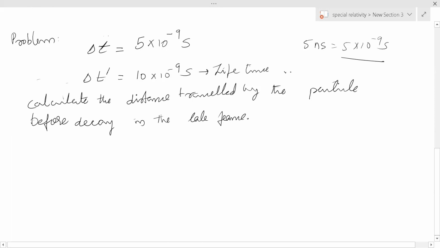Time in laboratory frame, 10 nanosecond. Yeah, this is the lifetime in the laboratory frame. This is the proper lifetime. So the question is this: calculate the distance traveled by the particle before decay in the laboratory frame.